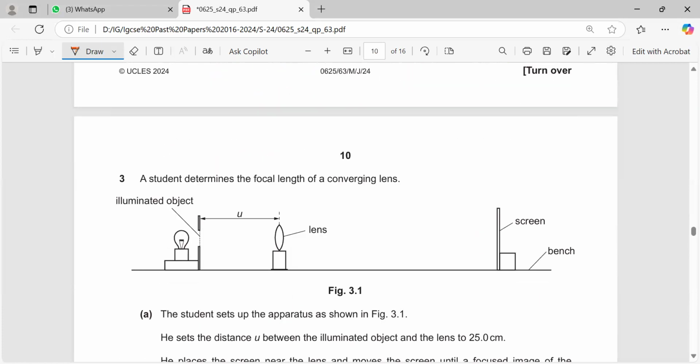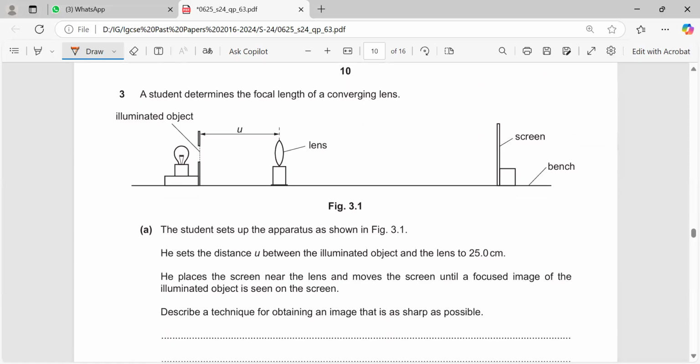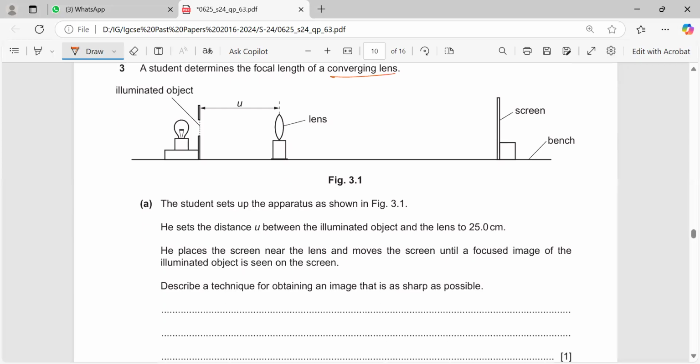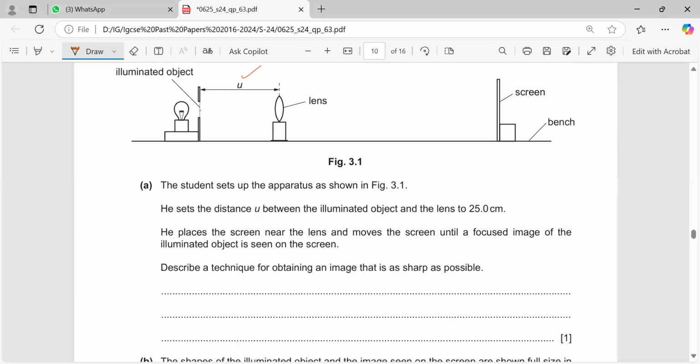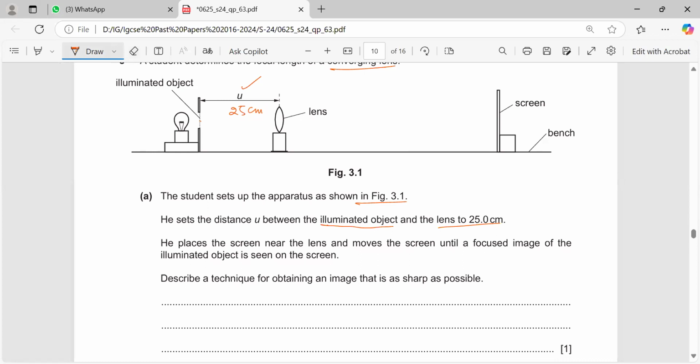Okay, my dear friends. Now question number 3. A student determines the focal length of the converging lens. An illuminated object is there. The student sets up the apparatus as shown in figure 3.1. He sets the distance u between the illuminated object and the lens to be 25 centimeters.